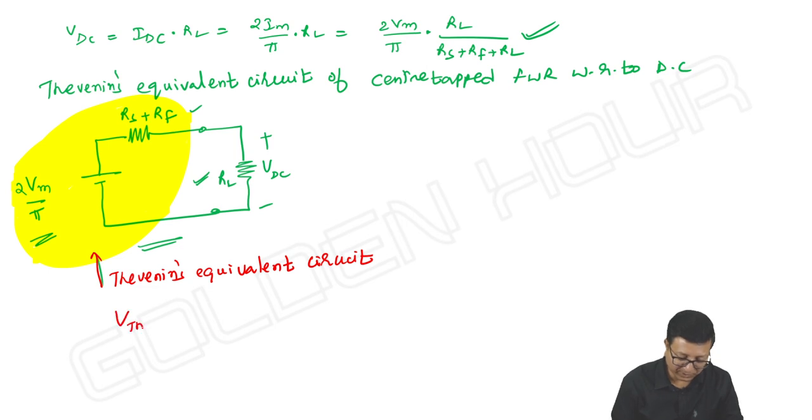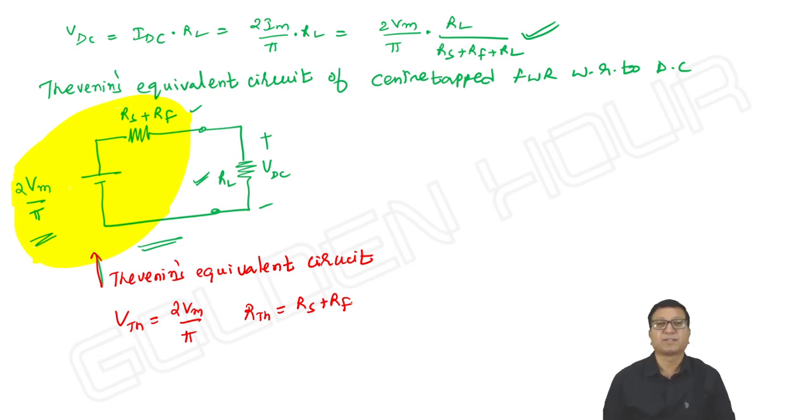And what about V Thevenin? It is 2 Vm by pi. And what about R Thevenin? It is Rs plus Rf. That's it. Physically, this circuit is not existing. We are developing this circuit from its DC output voltage equation.